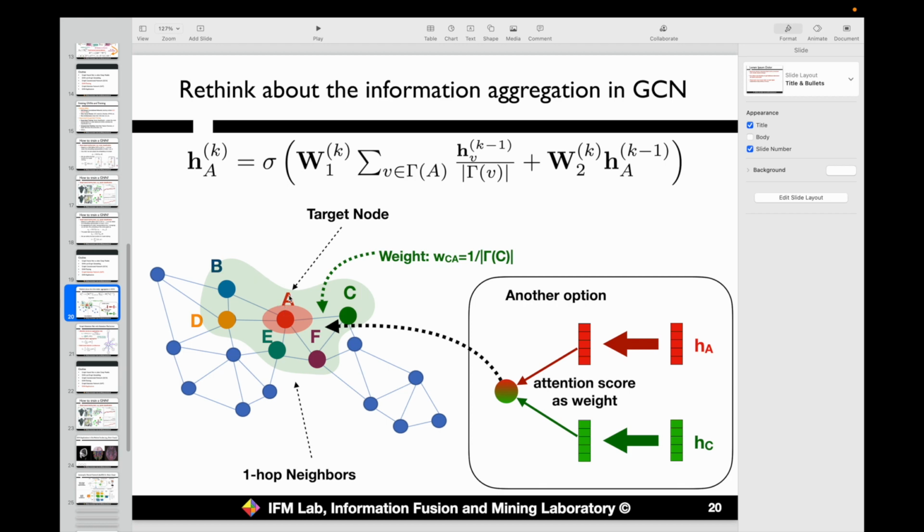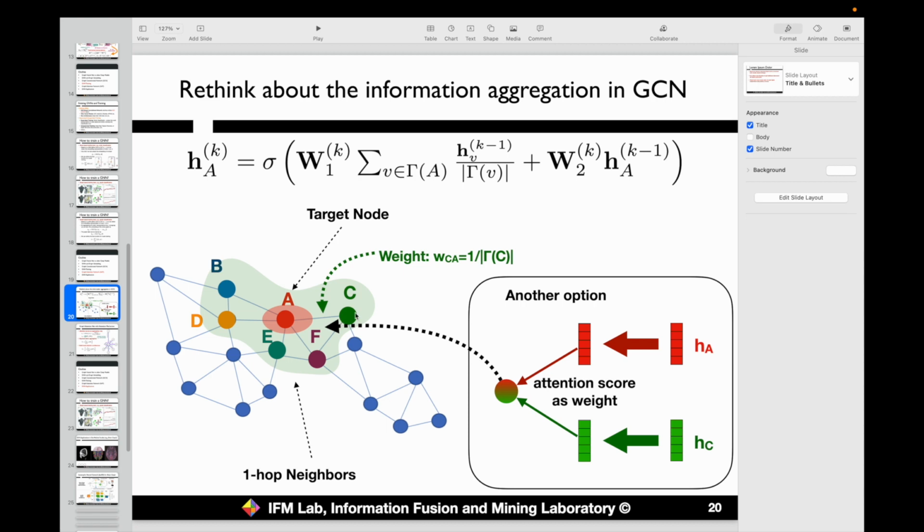If this assignment weight is fixed, then we may have some potential problems, because for some layers, probably this H_C will be important for A, while for some other layers, this H_C will be less important instead. We should allow this model to adjust the importance of different nodes in updating these representations layer by layer. In other words, we have to provide some flexibility for the model to adjust the weights from different neighbors in the aggregation process.